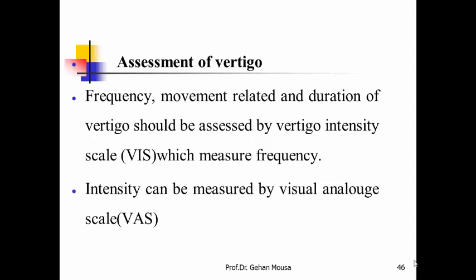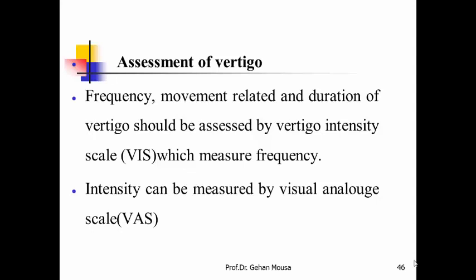If the patient is suffering from vertigo, the following items are important to assess and ask about: frequency of occurrence, movements related to the vertigo, the duration of each attack of vertigo, and the intensity of the attack.